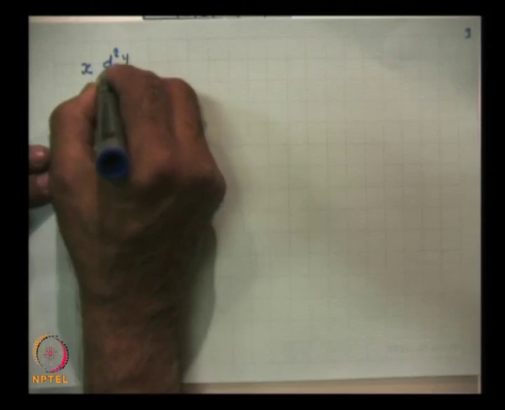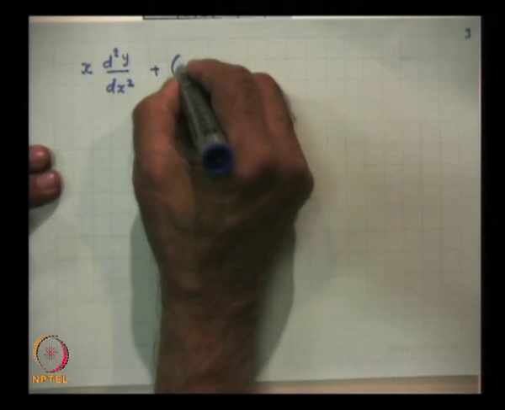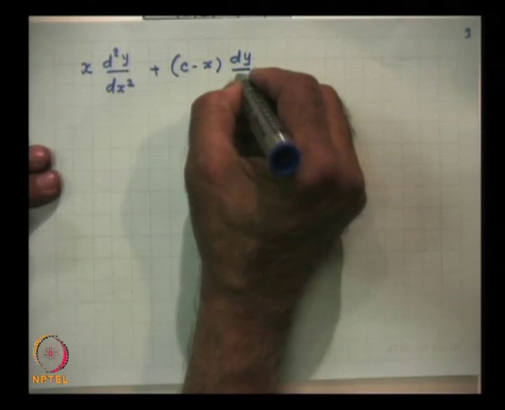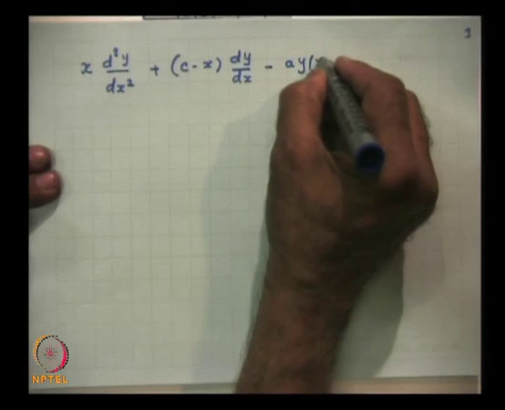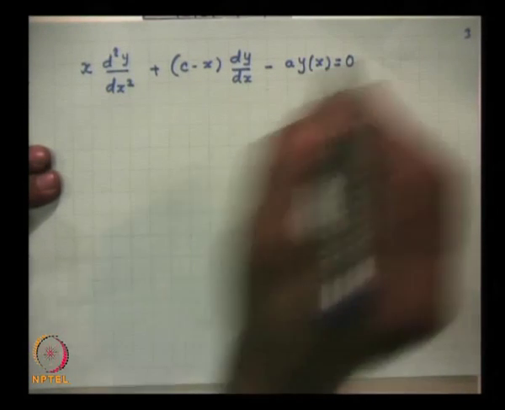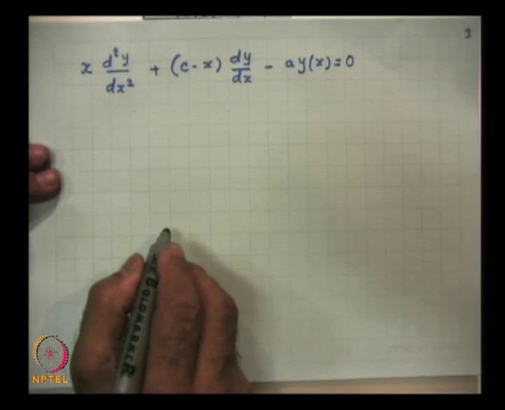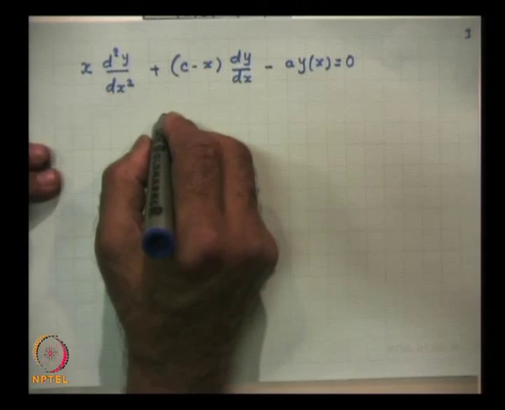As we know, the confluent hypergeometric equation is x d2y/dx2 plus (c minus x) dy/dx minus a y(x) equals 0. We tried to solve this equation by using the power series method. This method is also known as the Frobenius method.